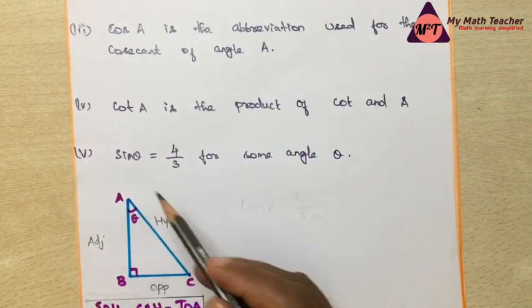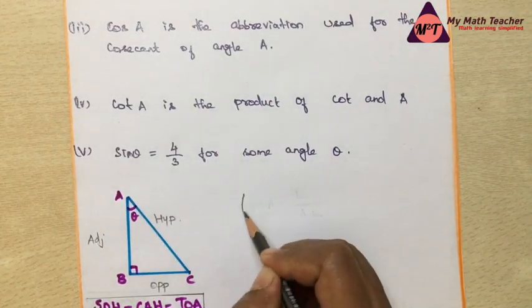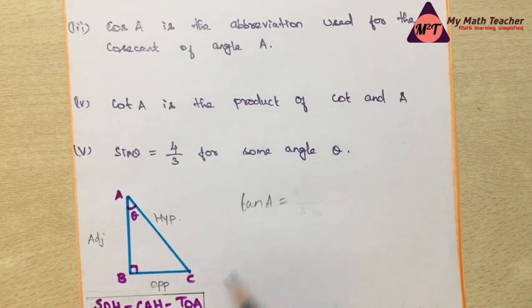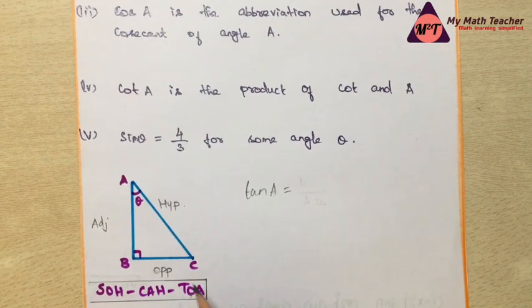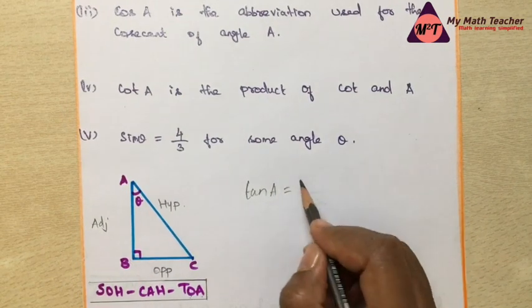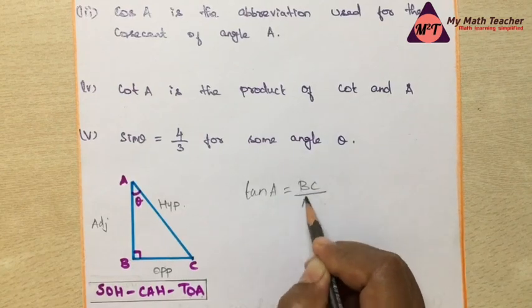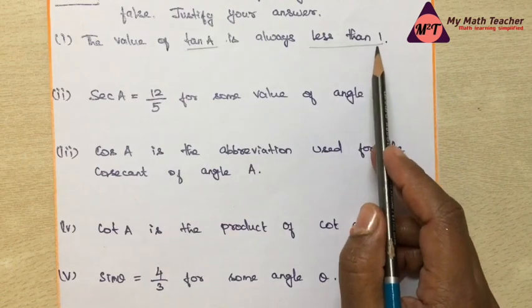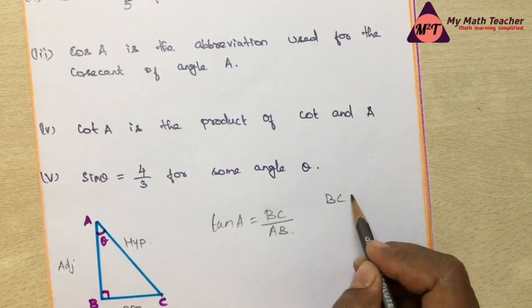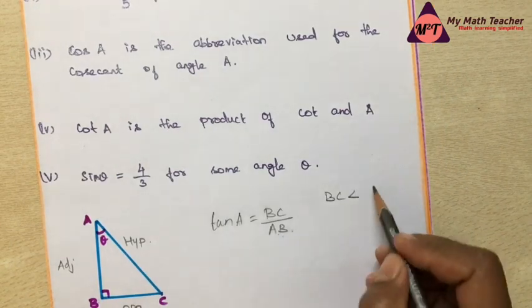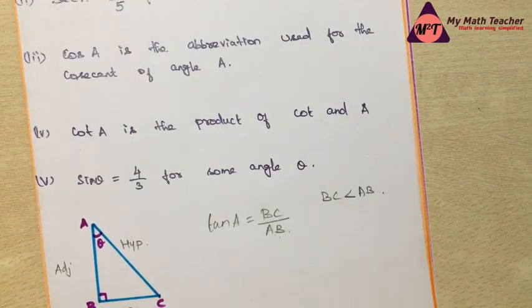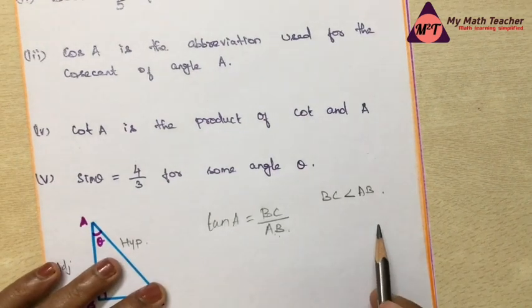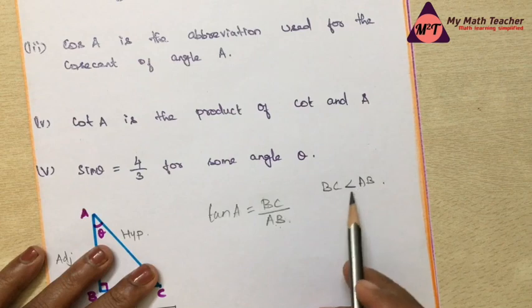Consider this right triangle ABC. Tan A is equal to opposite side by adjacent side, which is BC by AB. Now if it is less than 1, then the numerator should be smaller than the denominator, that is AB. We have solved many sums where BC is greater than AB.